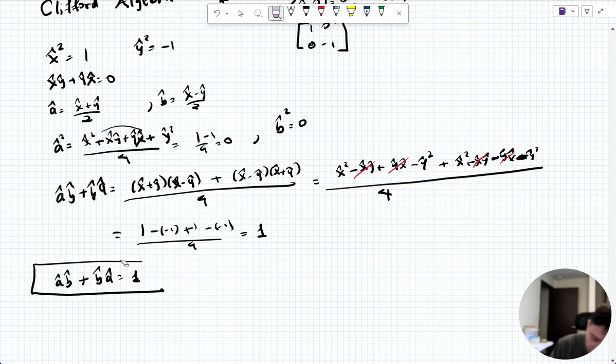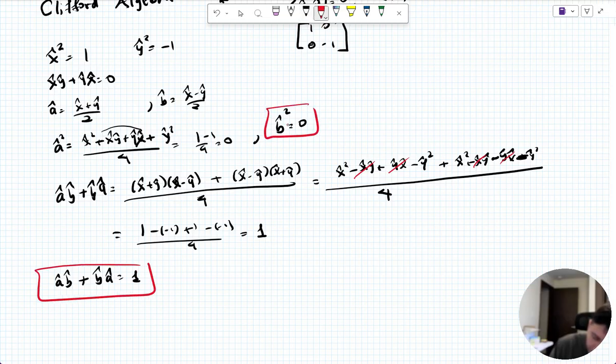And I should be using a red marker because this is an important result. This one is also important too. So this Clifford algebra has two idempotent elements, and it has this nice relationship AB plus BA equals 1, or the identity.